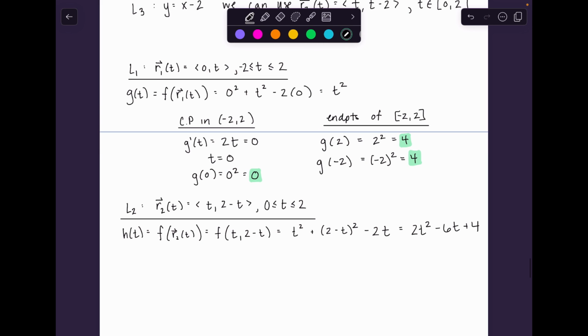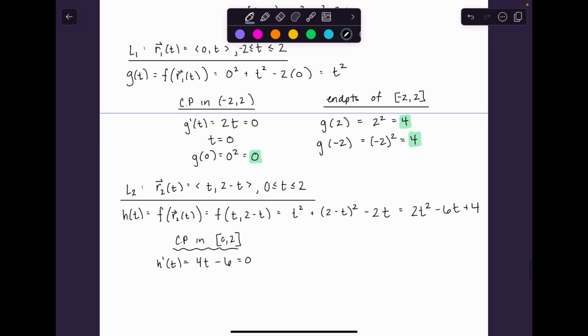So now that I've got this single variable function, we're going to go ahead and find the critical points inside the interval 0 to 2. So we've got to differentiate this function, which thankfully is a polynomial, so that would be 4t minus 6. Setting that equal to 0 gives you t is 6 over 4, which is 3/2.